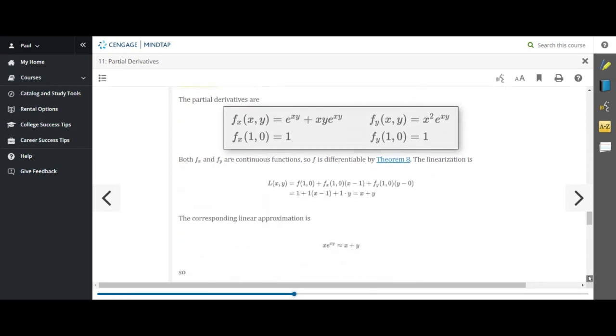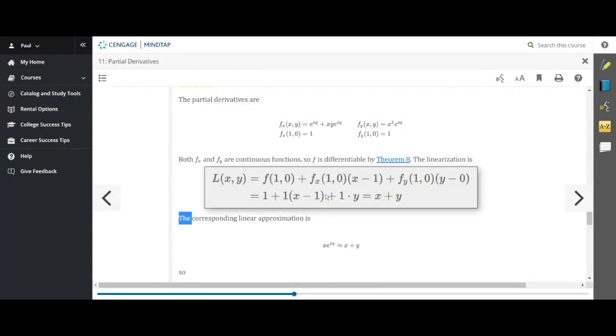So now you can do the linearization using the formula, which is intuitive.